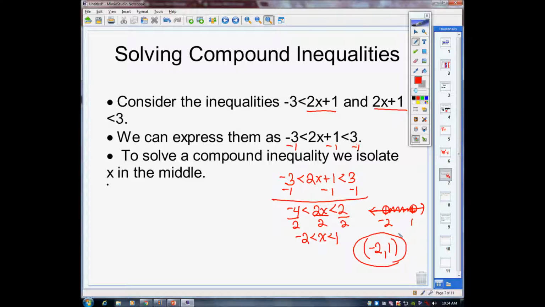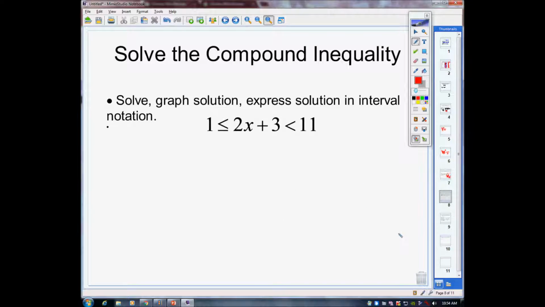So let's do this one, and we'll be done with this part of the notes, and we'll talk about the rest of them tomorrow. So I'm going to subtract 3 in all 3 spots. And so we get negative 2 is less than or equal to 2x is less than 8. Then I'm going to divide by 2. Negative 1 is less than or equal to x is less than 4.